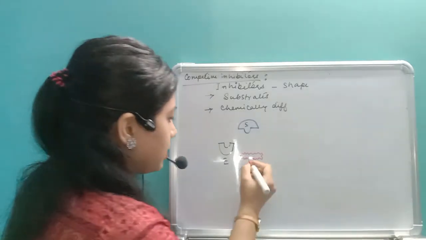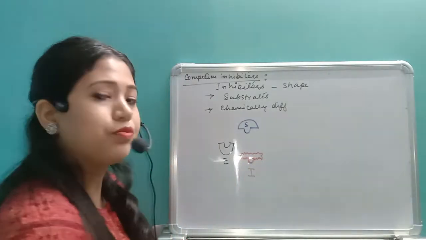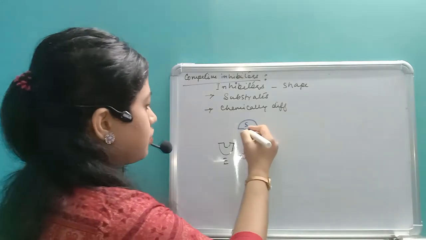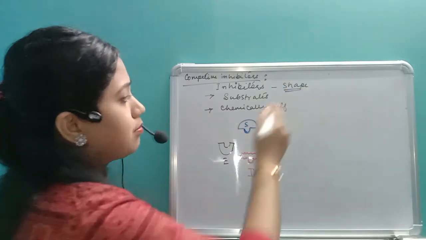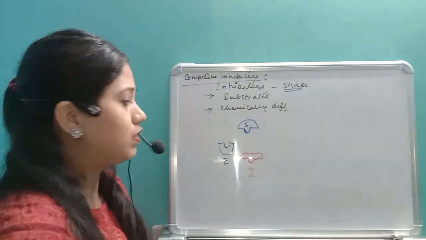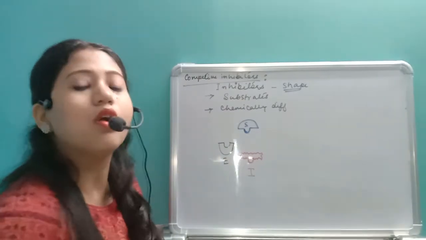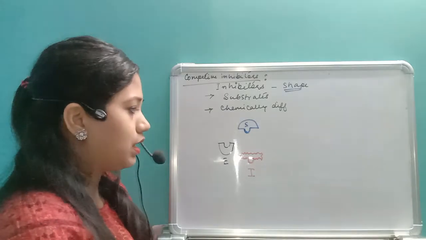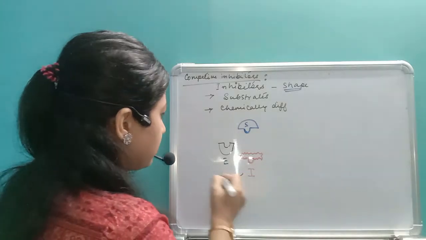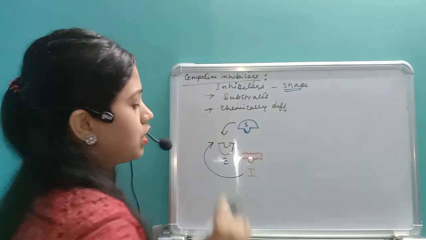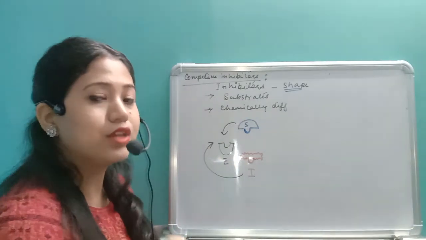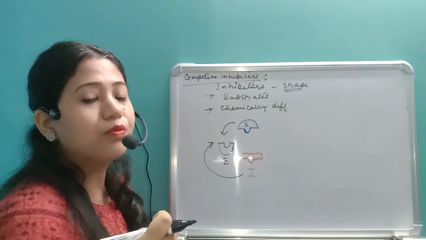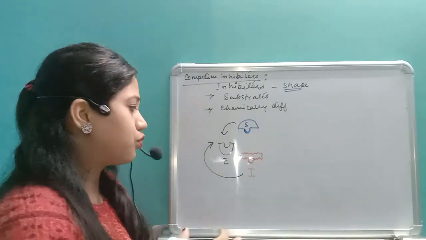This is the active site of the inhibitor, and this is the active site of the substrate. Both of them are the same in shape, so both of them will compete for the same active site of the enzyme. So both the inhibitor as well as the substrate will try to get attached to the enzyme.